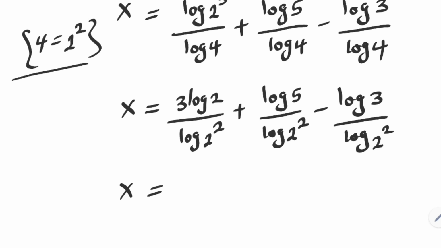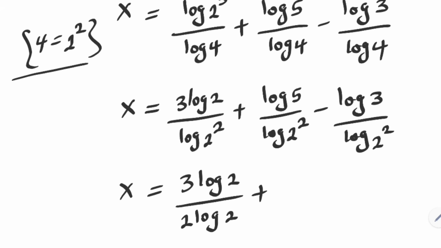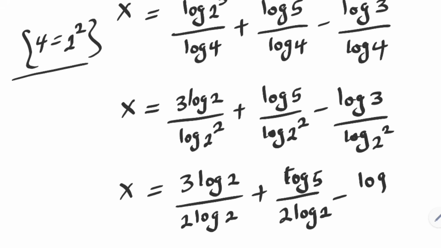x is equal to 3 log 2 over 2 log 2 plus log 5 over 2 log 2 minus log 3 over 2 log 2.